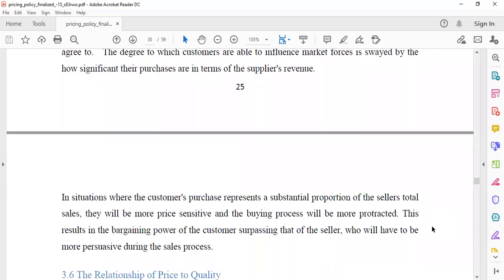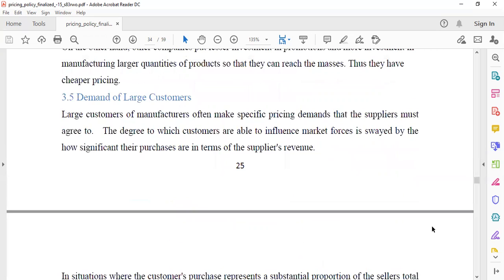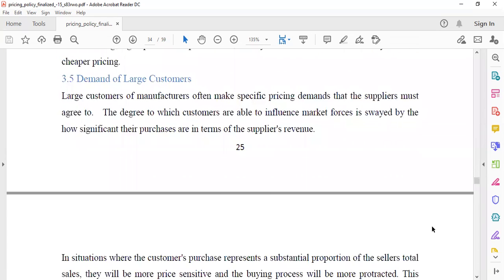Also, the demand of large customers. In most cases, when we talk about the economies of scale, bulk purchase affects price.